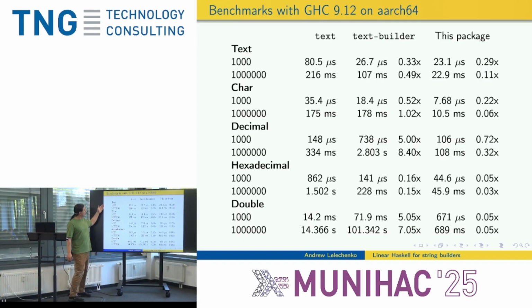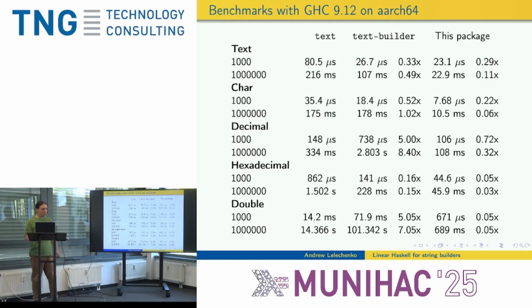We have a couple of categories, so we can concatenate texts up to lengths of 1000 characters, up to lengths of 1 million characters. We can concatenate just characters one by one. We can produce decimal numbers, like 1000 decimal numbers all concatenated together, 1 million, hexadecimals and doubles.